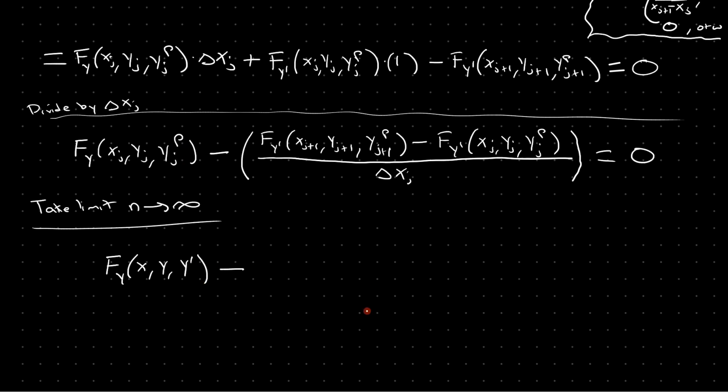And I want you to think a little bit about what this entire thing goes to as n goes to infinity. The maximum size of this delta xj is going to 0.